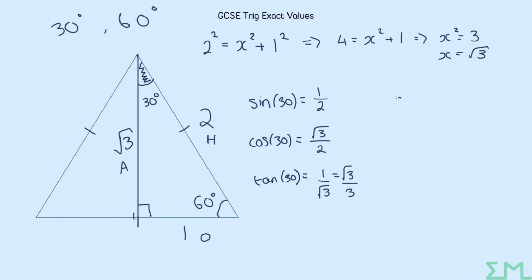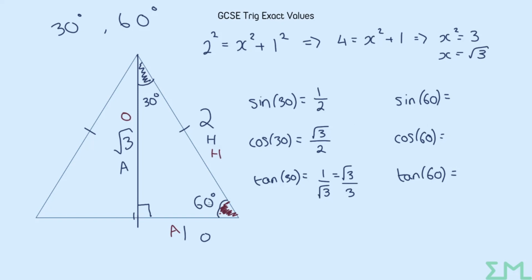Now we're going to look at the 60-degree angles. So sine 60, cos 60, and tan 60. Okay, so this time, I'm going to change the colour. We're looking at this angle. So this one's our adjacent, this one's our opposite, and then, as I already mentioned, the hypotenuse is still the same.